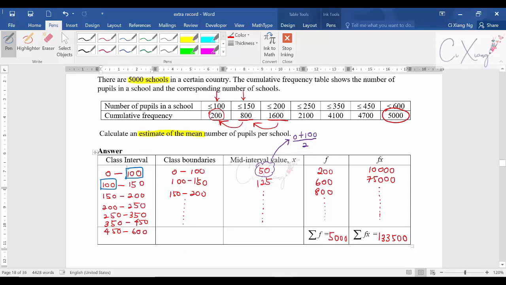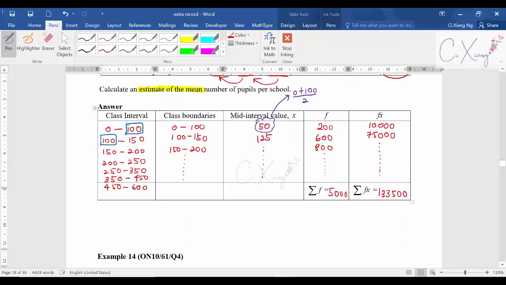After you get all this important information, you can start to calculate the mean. The mean is the summation of fx divided by the total frequency, which is 133,500 divided by 5,000. From here, you will get the mean, which is 267.